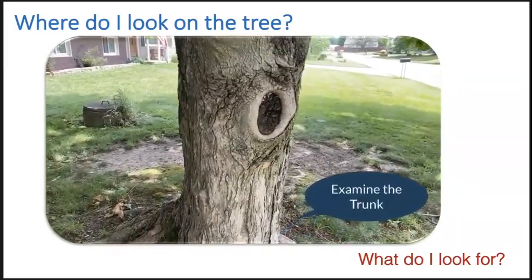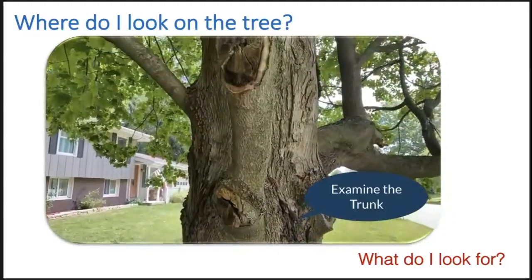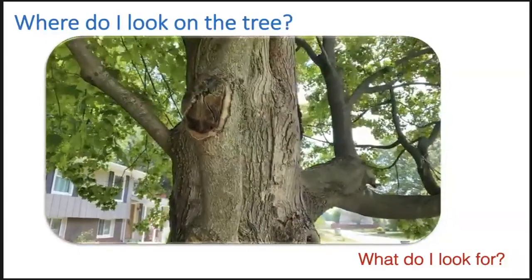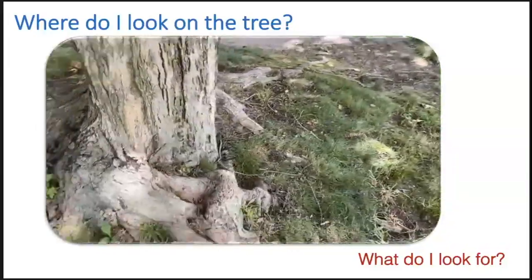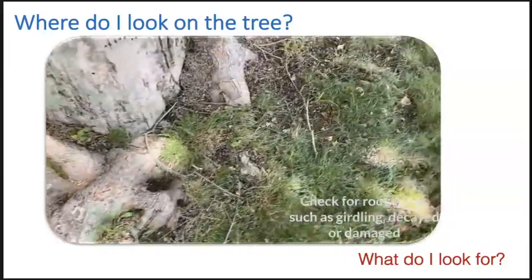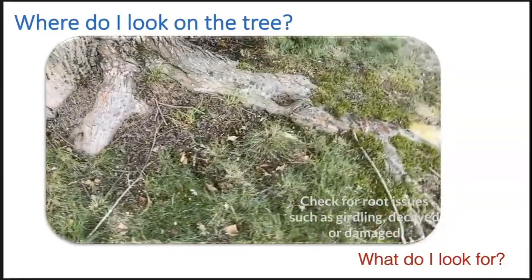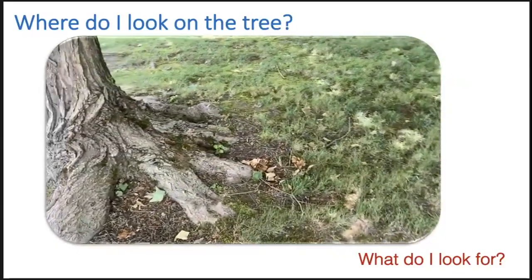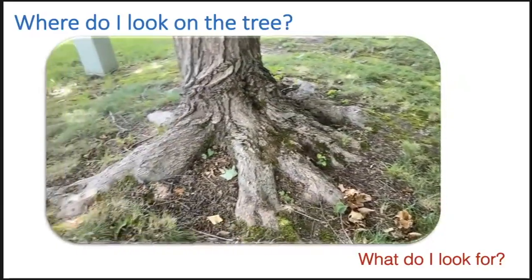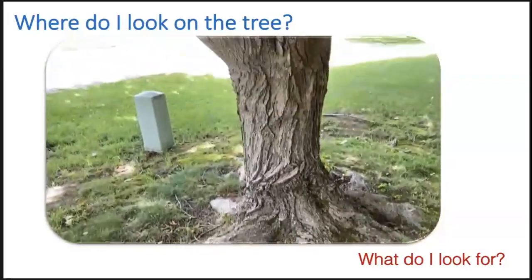Examine the trunk to see if there's any type of defects or cavities or decay that's going on there. I'll also check the root system to look for girdling roots that could be compromising the vascular system of the tree and causing some issues in the upper part of the canopy.